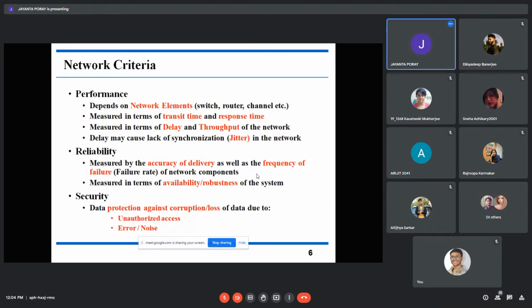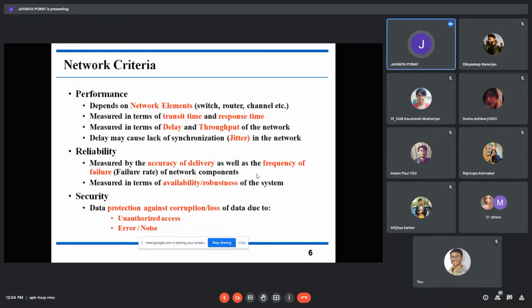Next are network performance measures, where I have some network elements that we use. These are the devices we use to build our networks: we have switches, we have routers, we have the communication channel. Just very basic questions. What is the task of a repeater? Can anyone tell me what is the task of a repeater?